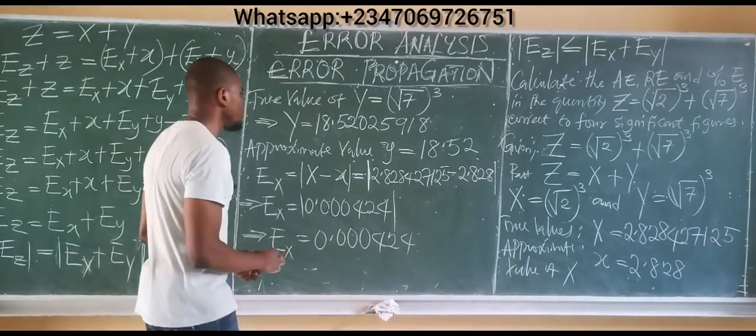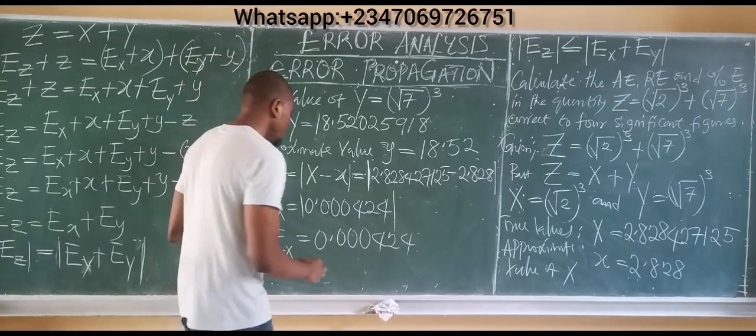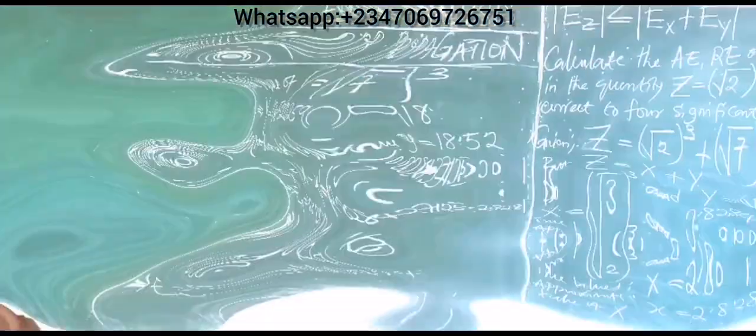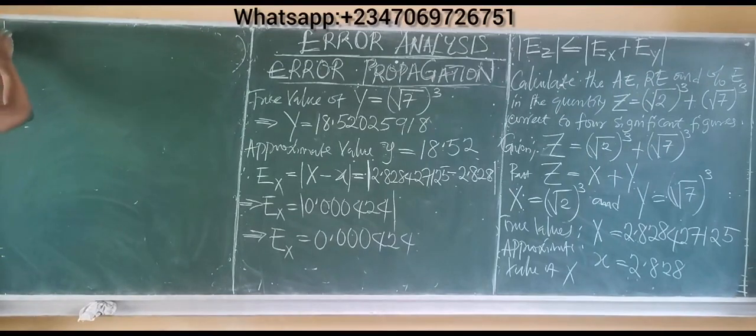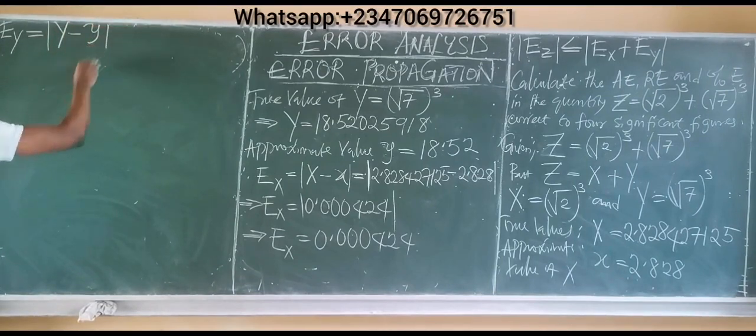The next thing to do is to find the error in y. We can do that here. So error in y, EY, is simply going to be the modulus of the true value of y minus the approximate value of y.